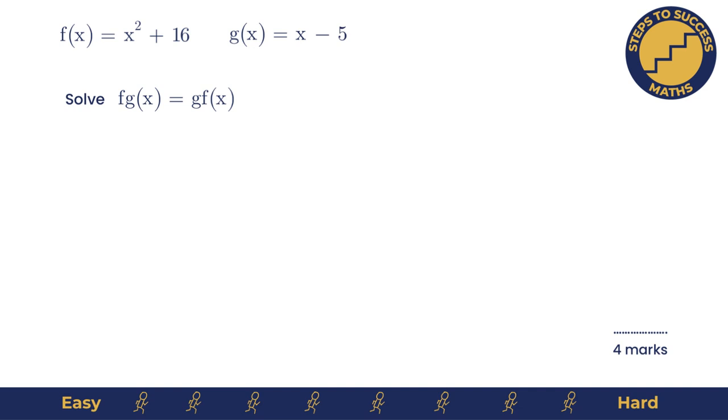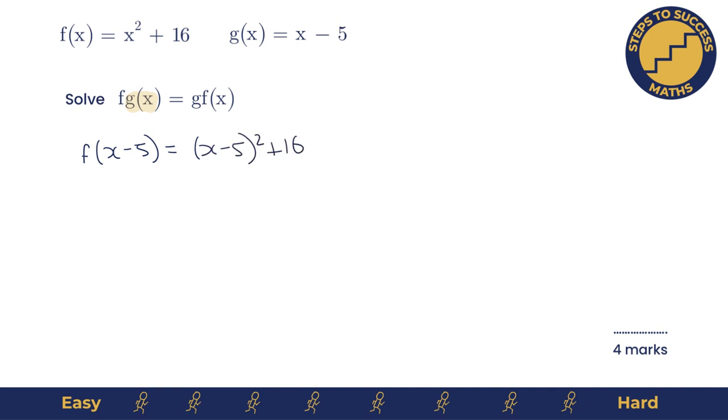f of x is equal to x squared plus 16, and g of x is equal to x subtract 5. Solve fg of x is equal to gf of x. So first of all, we need to work both of these out. So starting with fg of x, so we start with the g and we put it into the f. So working out f of x minus 5. x minus 5 all squared plus 16.